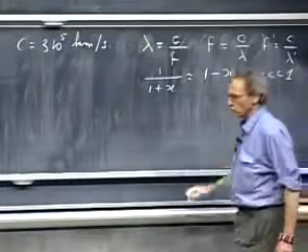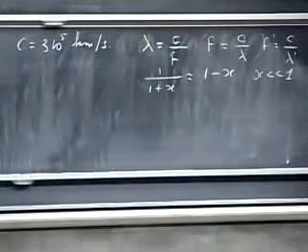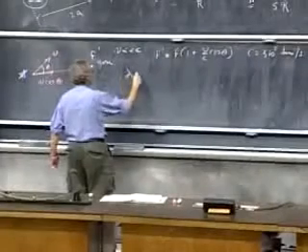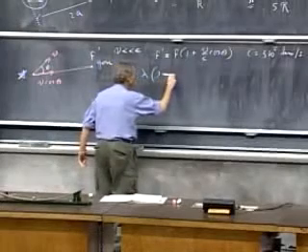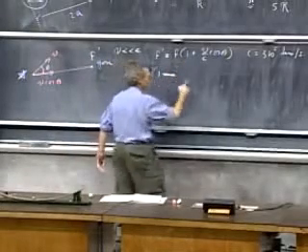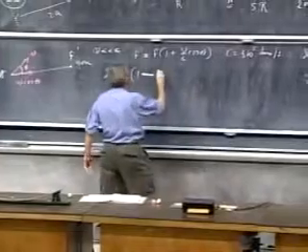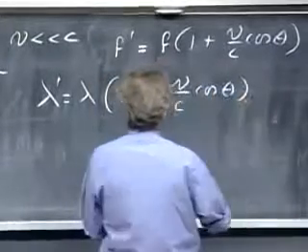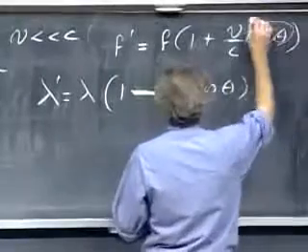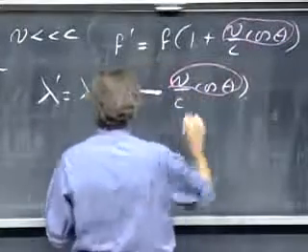This is the first order term in the Taylor expansion. Then you can find that now lambda prime becomes lambda times 1 minus, the plus changes to a minus sign, for that reason, times v divided by c times cosine theta. Notice that here you have that radial velocity, and you have that here.